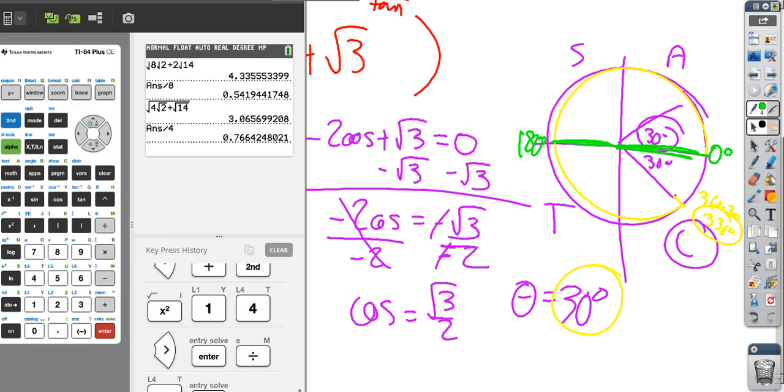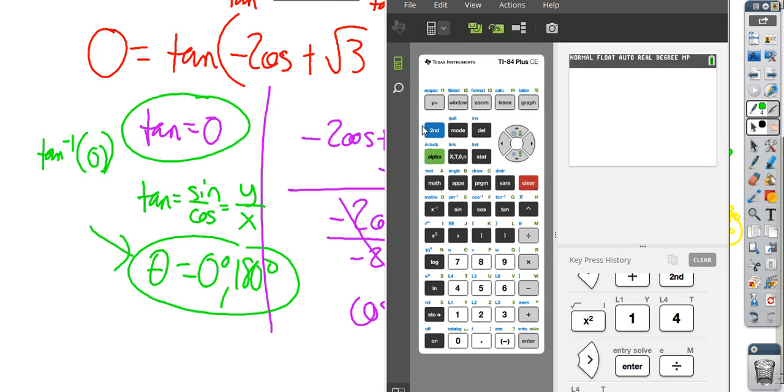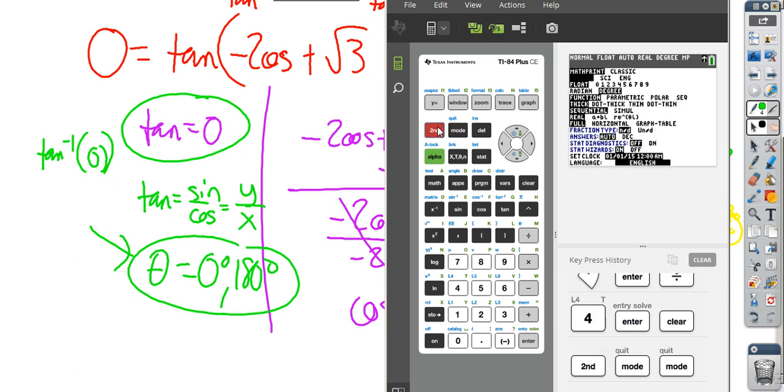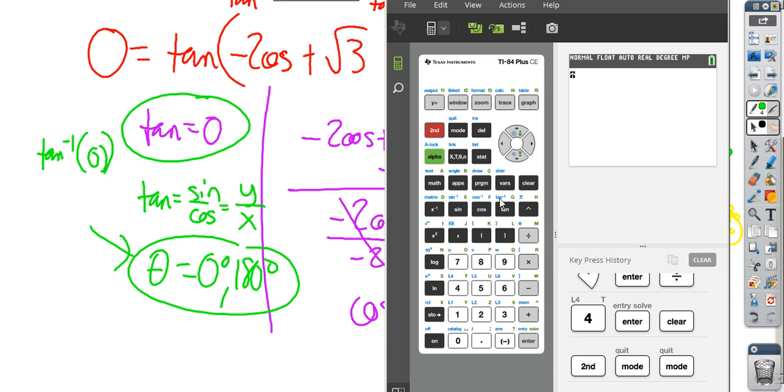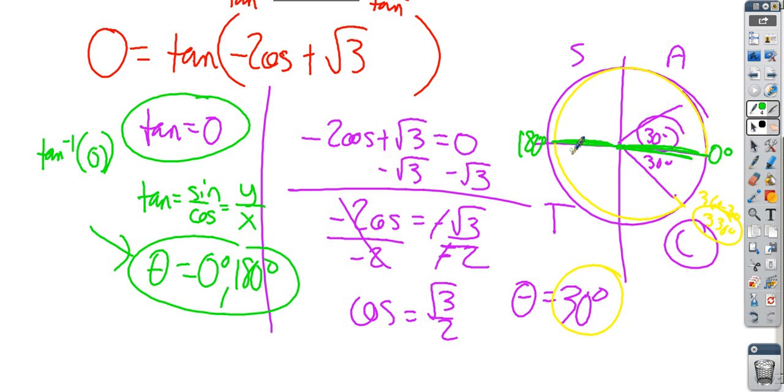So inverse tan of, let's make sure we're in degree mode, by the way. Yes, we are. So inverse tan of 0 should give us 0 degrees, and it's only going to give us 0 degrees, so we also have to look where tangent is 0. The slope thing that I just mentioned is probably the easiest way to do it, because the calculator is only giving you one solution.